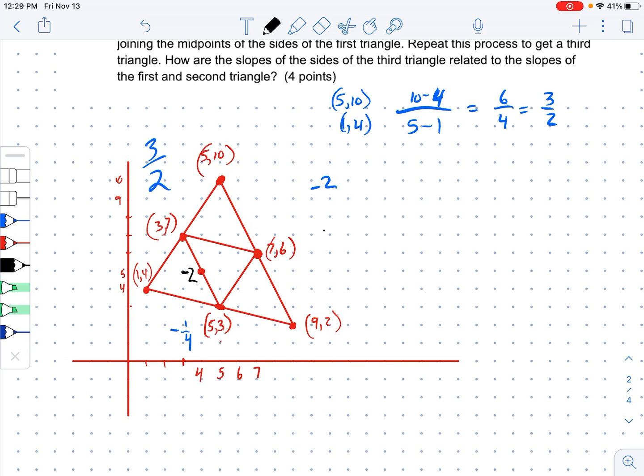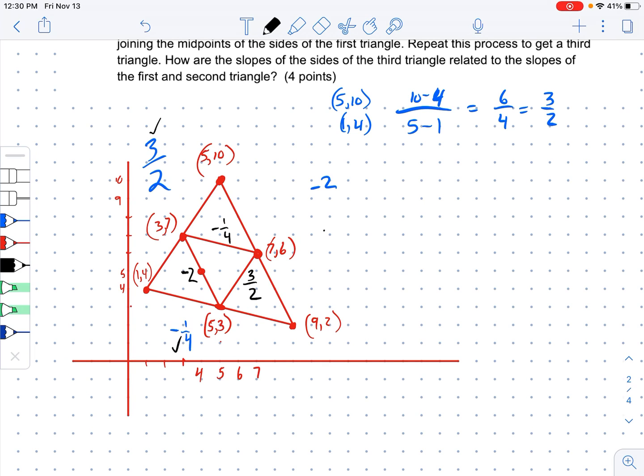Now let's look at this side. I go up 1, 2, 3, and over 2. That has a slope of 3/2. Interesting, that's what I had over here. And now for this final side, I go down 1 and to the right 4, so I have a negative 1/4.